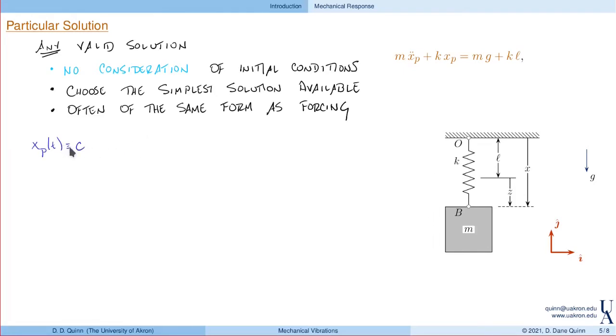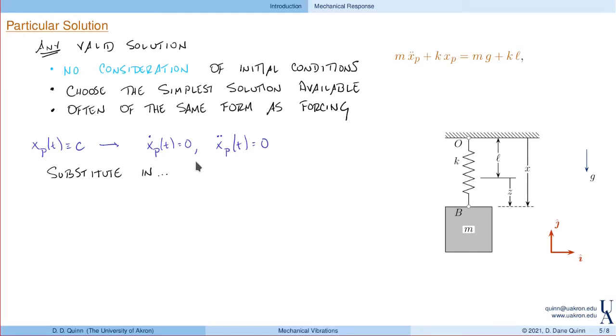So if the solution is constant, then the derivative, x dot, is equal to 0. And likewise, x double dot is equal to 0. So we'll substitute this into the equation of motion. And what do we get?